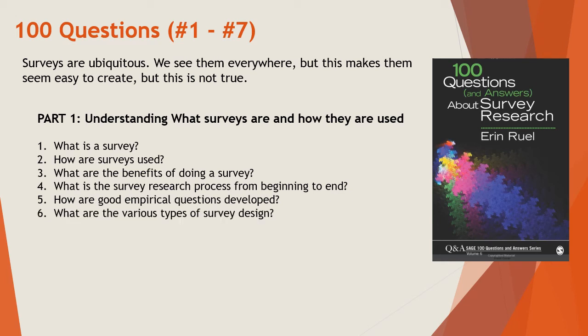Okay. What are the various types of survey design? The typical survey design is the cross-sectional design. Researchers use a cross-sectional design surveying people at a single point in time. How old were you when you first bought your home? I think that is what they said.